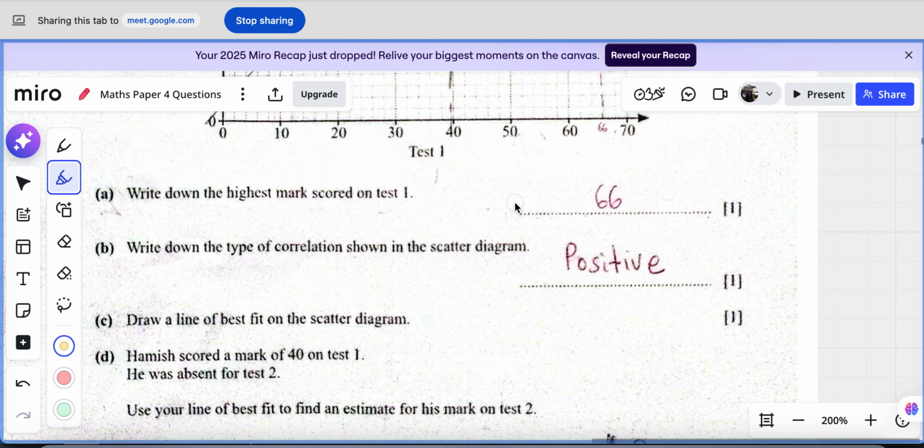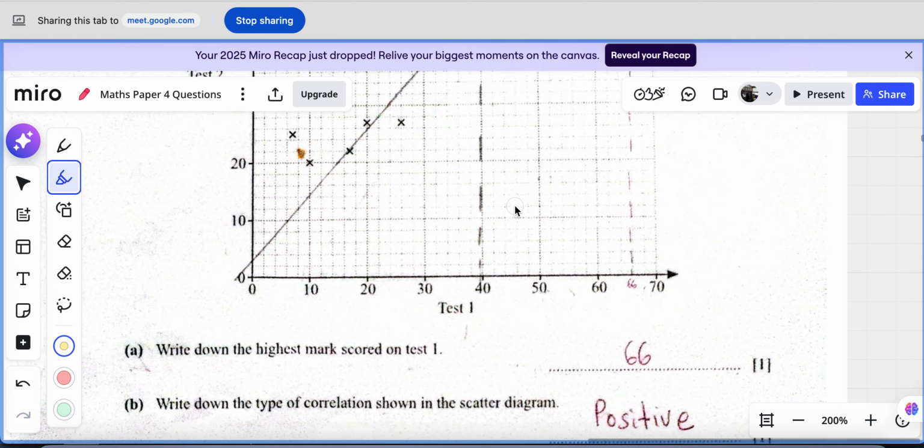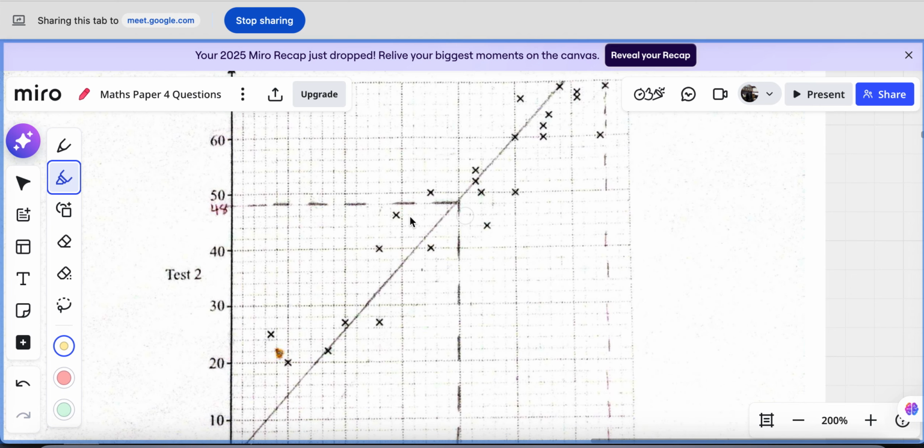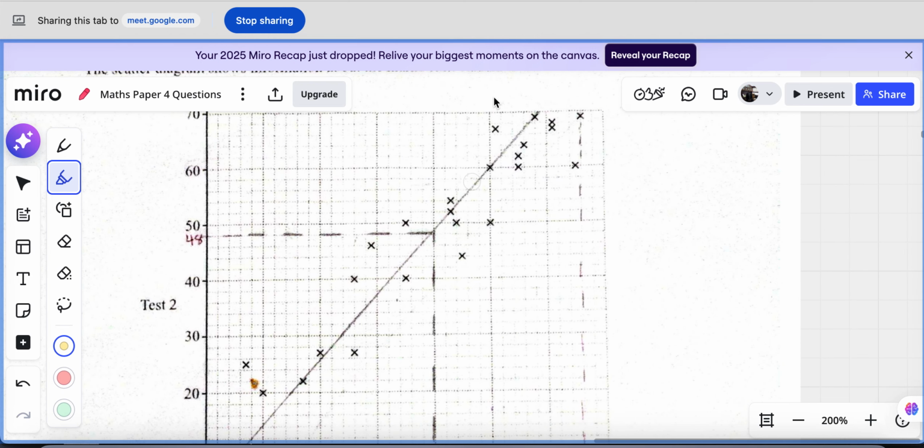Now let's go to the C part of the question. It says draw a line of best fit on the scatter diagram. You need at least a minimum of 3 points to form a line of best fit. So you draw your line, just like the way we drew this line, to pass through this point, this point, this point, and this point.